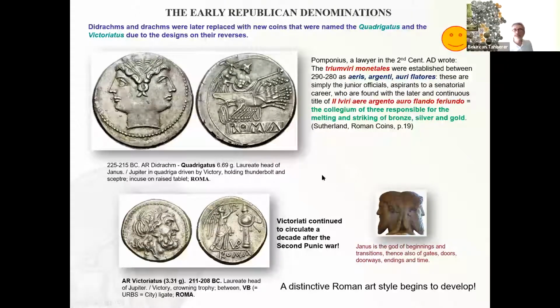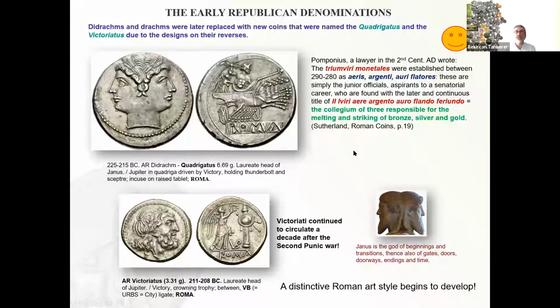So we don't have much information about the striking of these coins, but centuries later, Pomponius, a lawyer in the 2nd century AD, says the triumviri monetales were established between 290 to 280 as aeris, argenti, auri flatores.